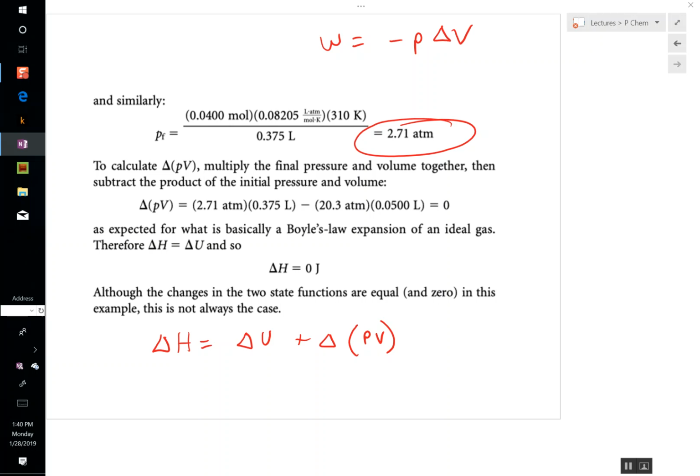About the 4th line down, it says fill in the cells with an I for increase, a D for decrease, or no change. So you're not trying to calculate anything, just what direction are things changing, or is there actually no change?